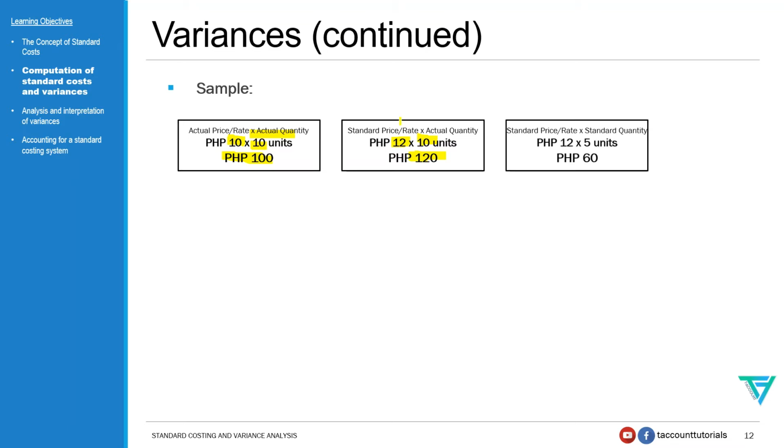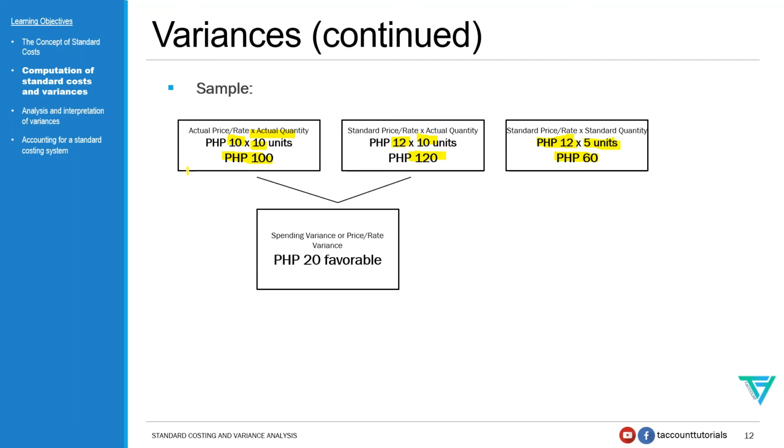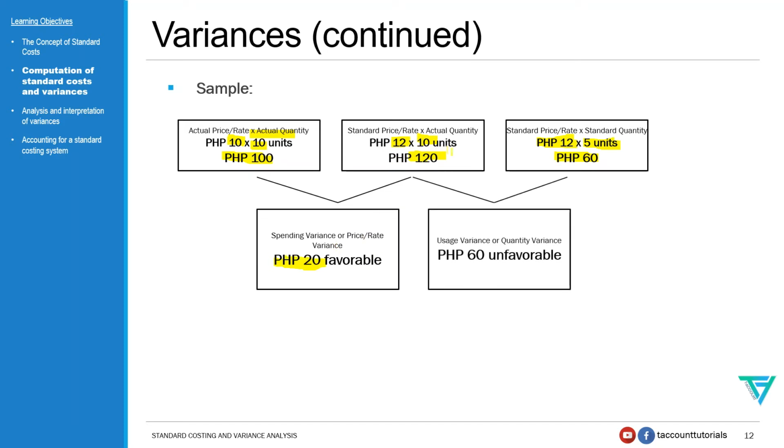Okay. And then moving on, if we have a standard quantity allowed for actual production of 5 units, we retain the 12 pesos as the standard price or rate. We arrive at 60 pesos as the total standard cost. So again, if we get the difference between these first two items here, we get 20 pesos favorable spending variance.